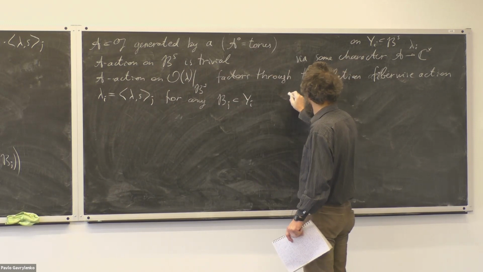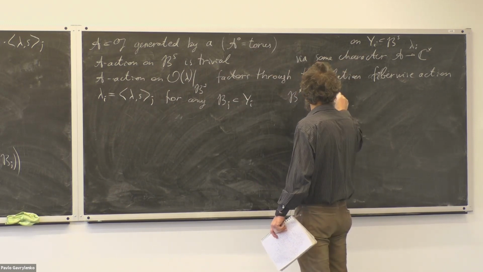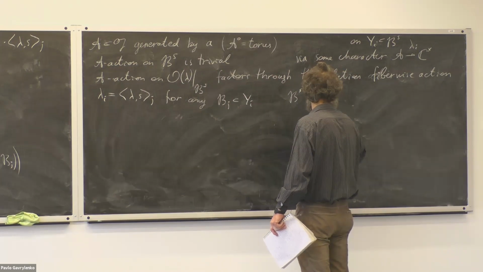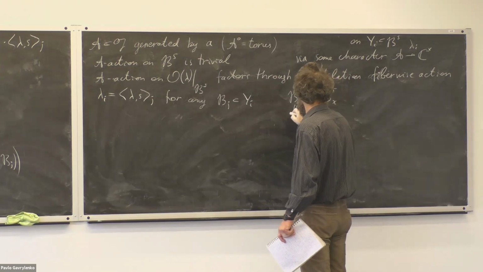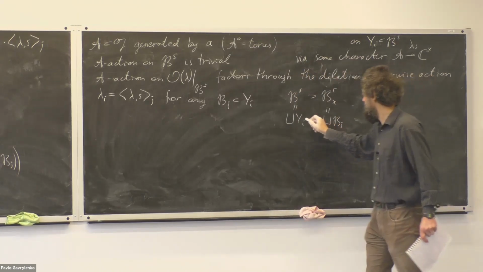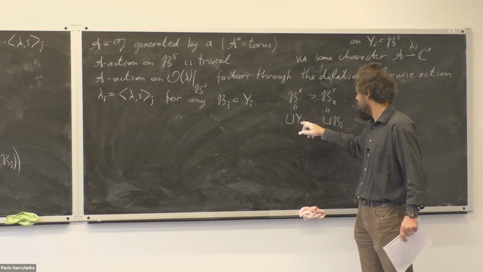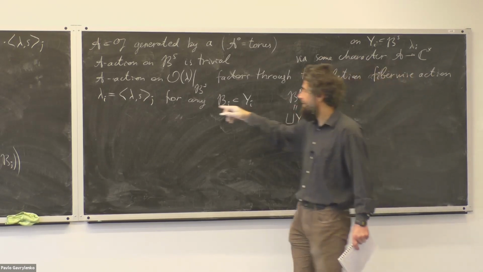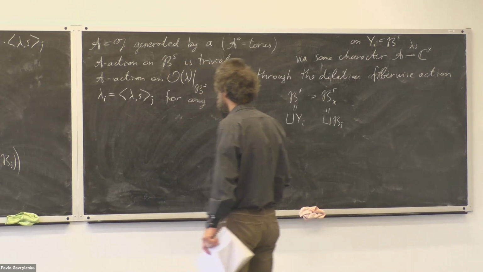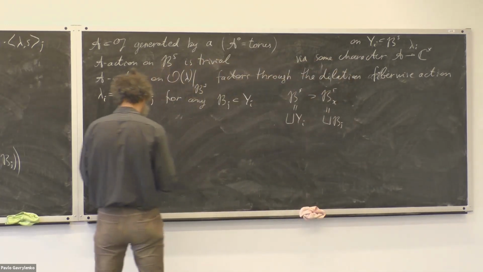So we have Bs, it contains Bsx, this is the union of B_j, this is the union of Y_i. So each connected component here is contained in the connected component here, and we have such an equality just from definition.